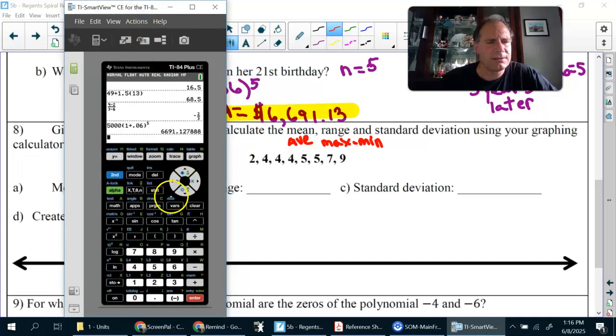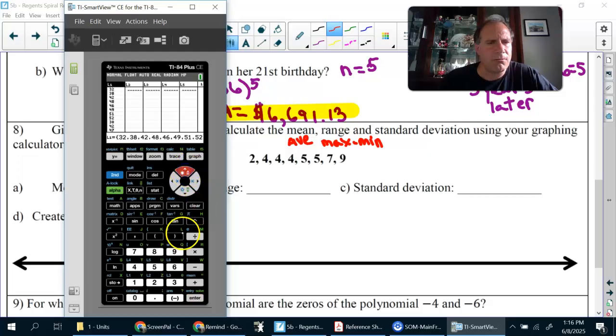You know how to put this into the list. You press Stat, Enter, and you go up to L1. You clear it out and Enter. So we're going to put 2 3s, 4s, 2 5s, 1 7, 1 9.